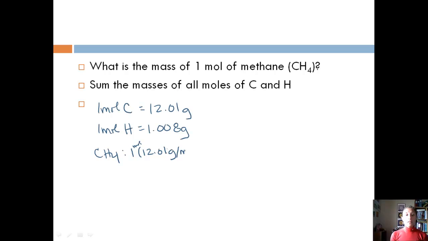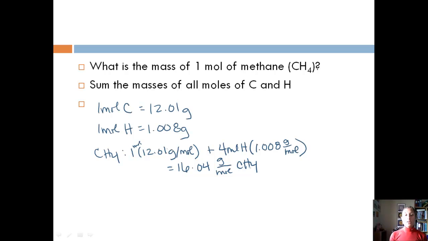And the molar mass, or atomic mass, is always grams per mole, plus 4 moles of hydrogen times its atomic mass, which is 1.008 grams per mole. And so if we add all this up, 12.01 plus 4 times 1.008, we get, I believe, 16.04 grams per mole of CH4.